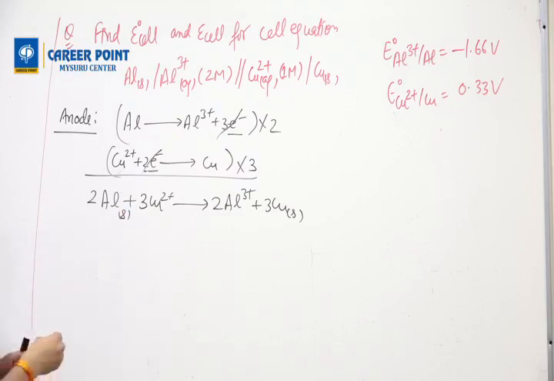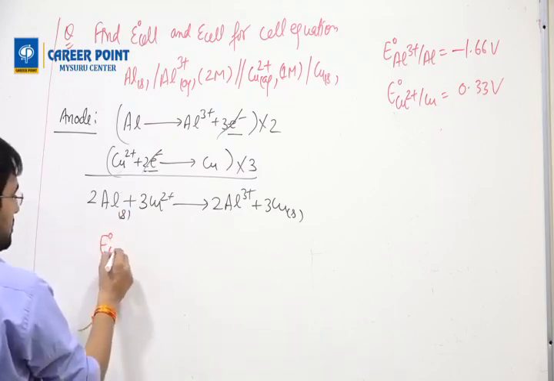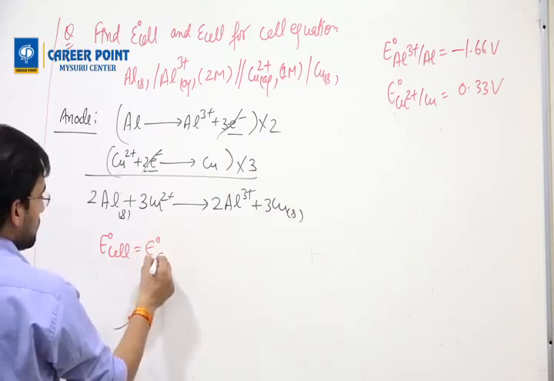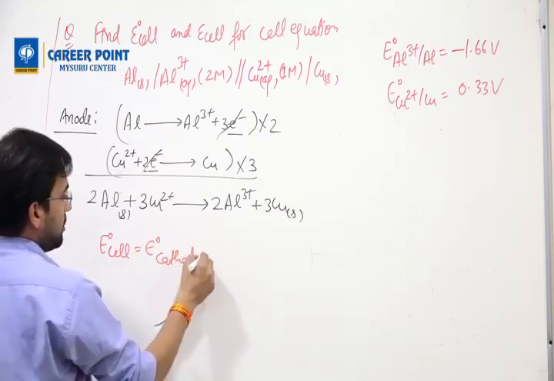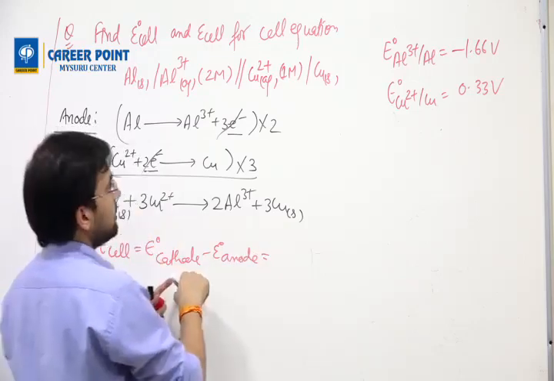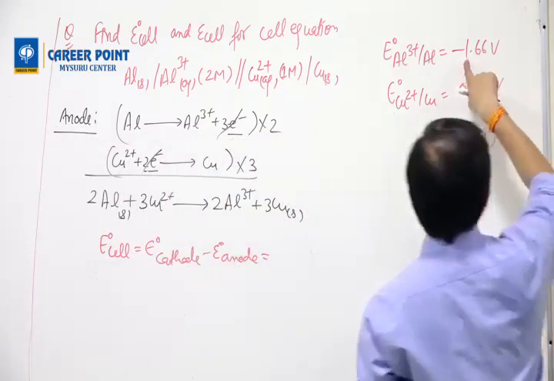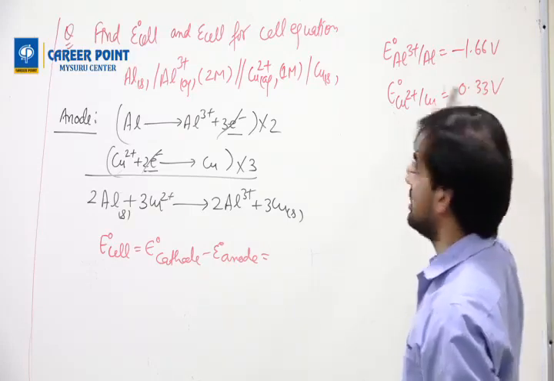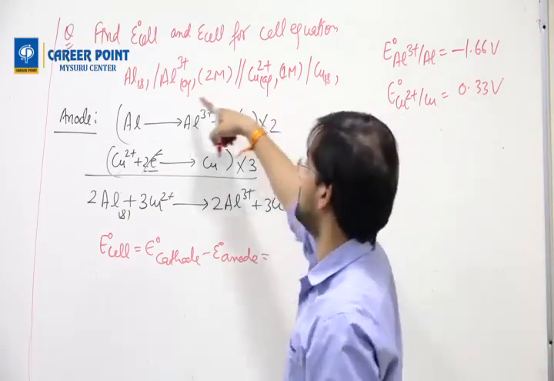Right. The next thing you will do is find E naught cell equals to what? E naught of cathode minus E naught of anode. Cathode here will be which one? This is less, this is more. So this is cathode, and that is anode.